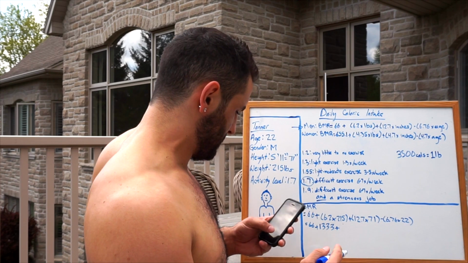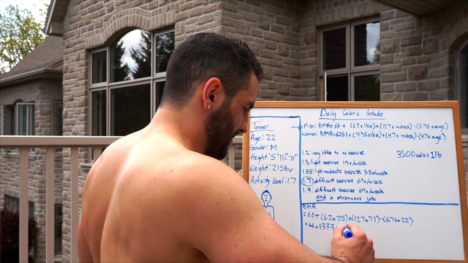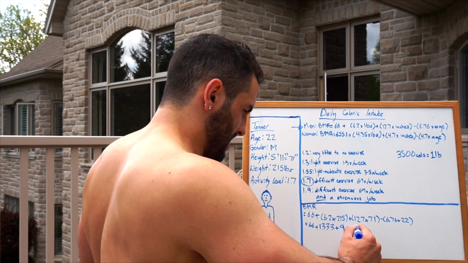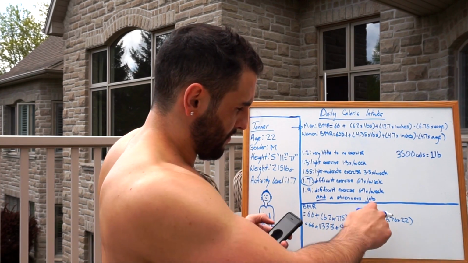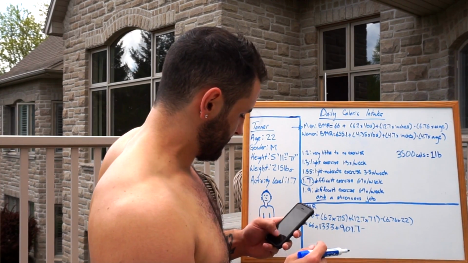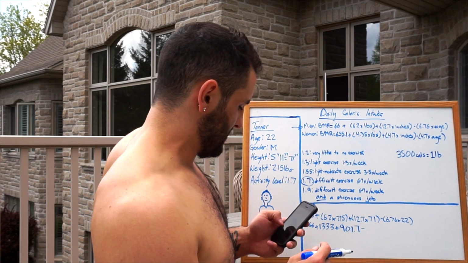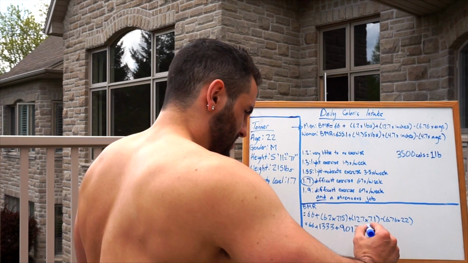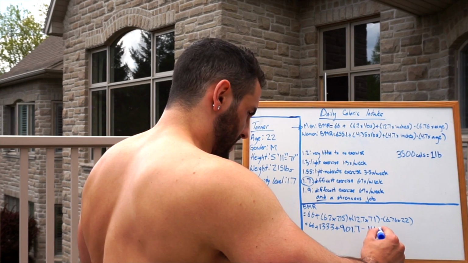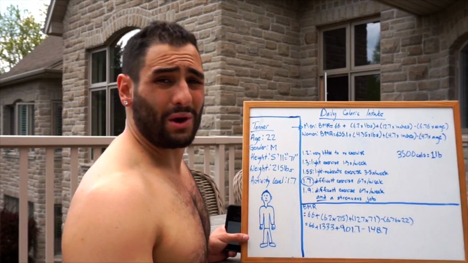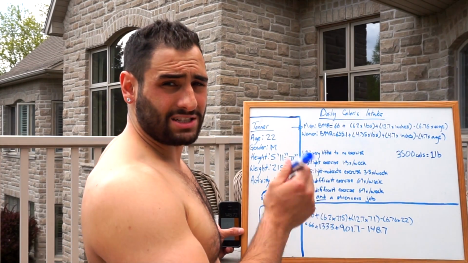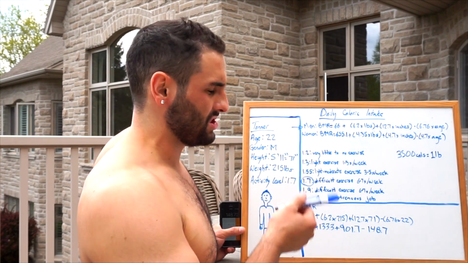I'm going to get 901.7. And then we're going to subtract from 6.76 times 22, which gives me roughly 148.7. So following BEDMAS, if you can remember that, brackets, exponents, division, multiplication, addition, subtraction.